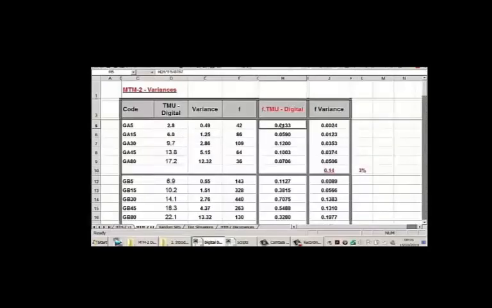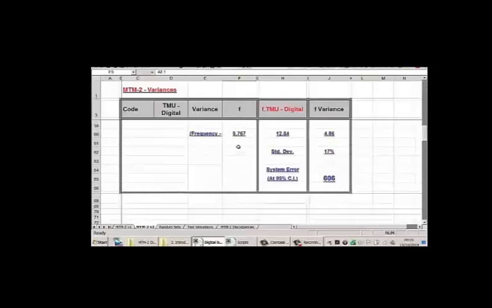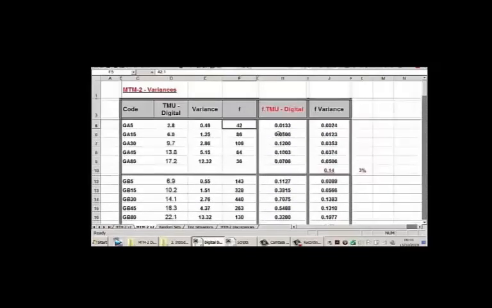For example, this cell here is the TMU value for the GA5, that figure there, multiplied by F, which is the frequency, divided by the total frequency for all motions, which is 8767, giving that value there. And the same for variance. It's the variance, 0.49, multiplied by the frequency, divided by 8767 again.